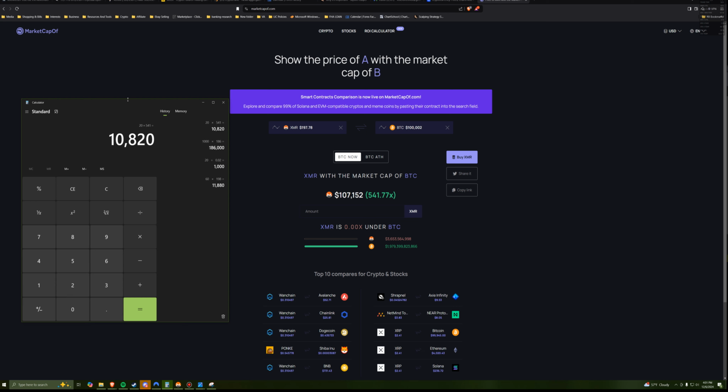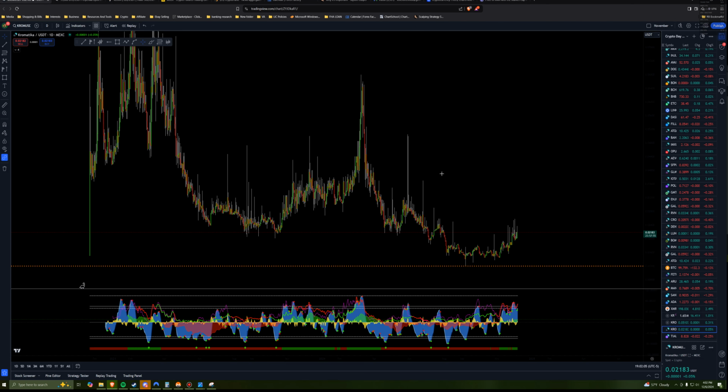This is the beauty of crypto. This isn't gambling, right? This is not gambling. This is us doing our due diligence, managing our risks, and being smart about it. We're not going to be the person buying up here.